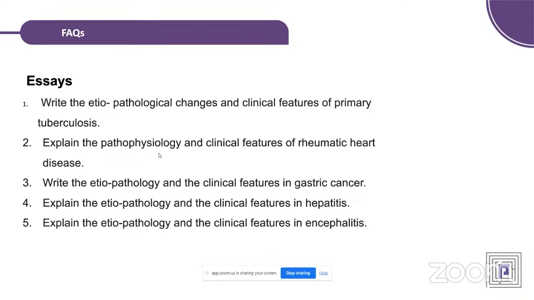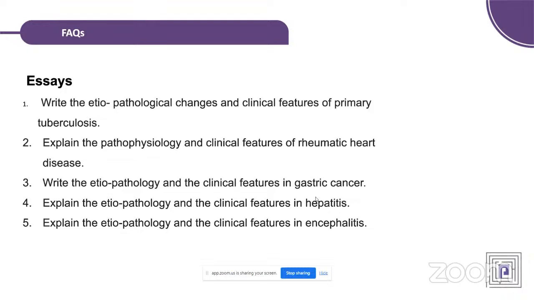And in rheumatic fever, as a complication the heart is involved, all three layers of the heart, and the mitral valve is the most common valve affected in rheumatic heart disease. So all these changes you have to mention. Due to the valvular damage, regurgitation occurs, which can lead to heart failure. So all these changes you need to mention, pathophysiology and clinical features separately, point wise.